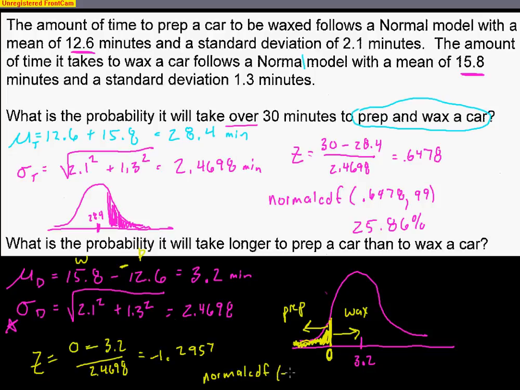I need to look from negative 99 all the way to that z-score, and that will give me the percentage I want. Negative 99, comma, that value, is going to be 9.75%. So 9.75% of the time, I will be in this area down here with a negative difference below 0.